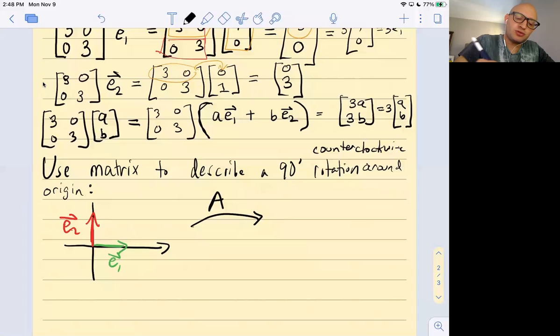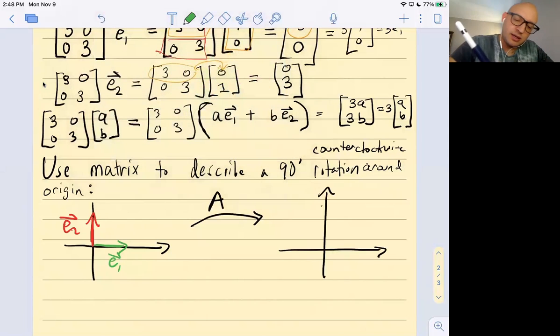Perfect. So I'm just going to draw it here. I'm going to write the x-axis and y-axis again, and I'm going to put the green arrow here: A E1.